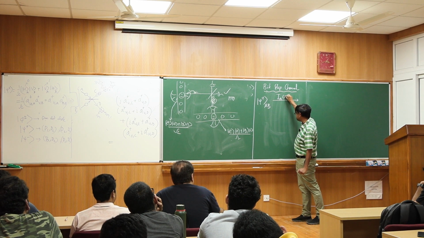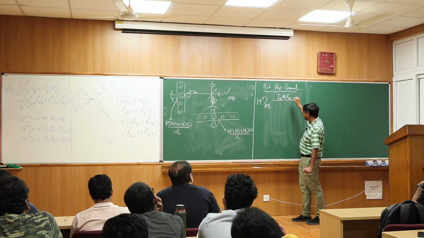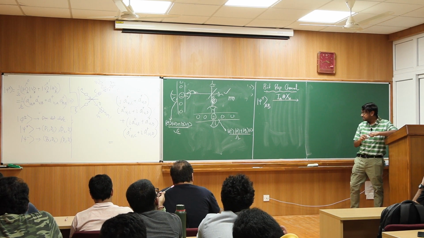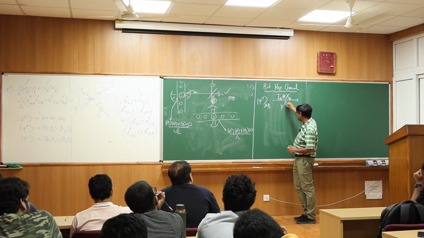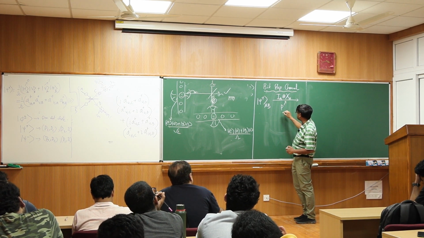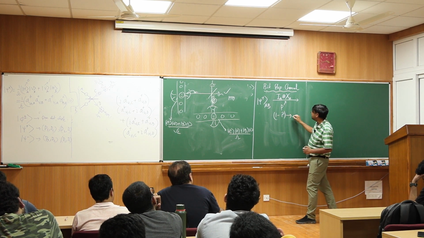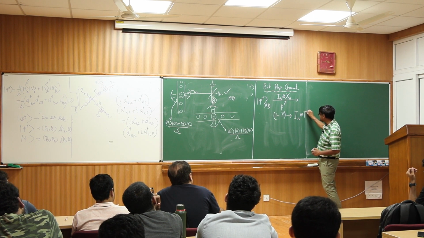So there will be an identity operation acting on A, and a random bit flip X on B with some probability P. With probability 1 minus P you have nothing: identity A cross identity B acting.